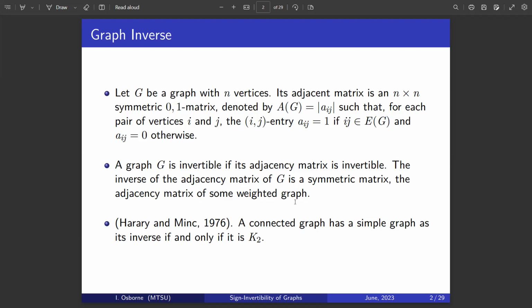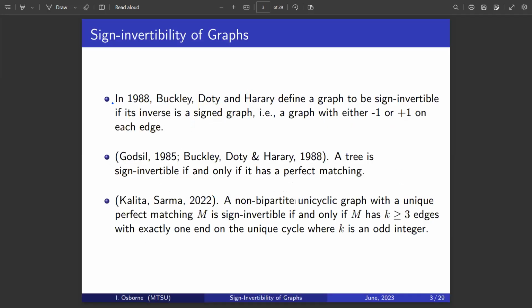This was first looked at back in 1976. They found that a connected graph has a single graph as its inverse if and only if it's just a set of trees. And so once we have our inverse defined, we can restrict our definition even further to what is known as a sign inverse.